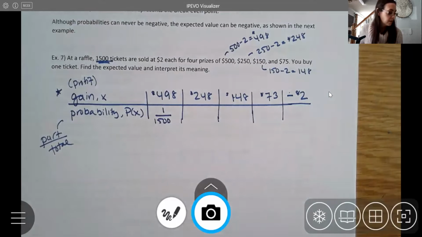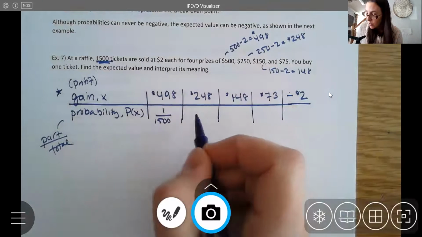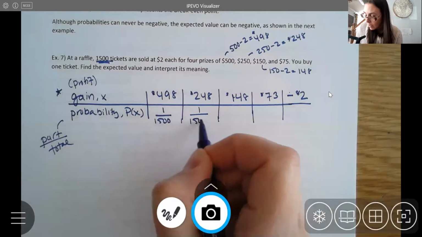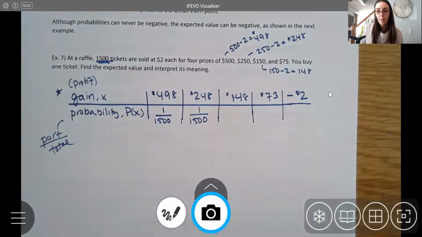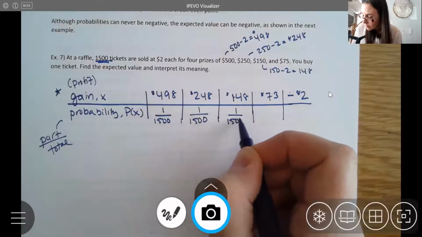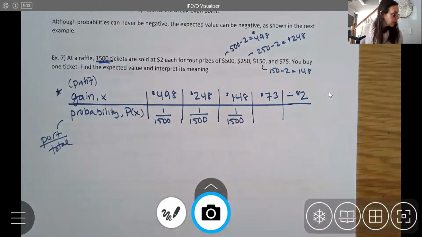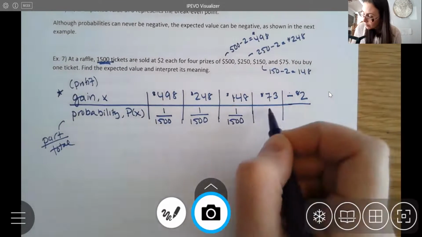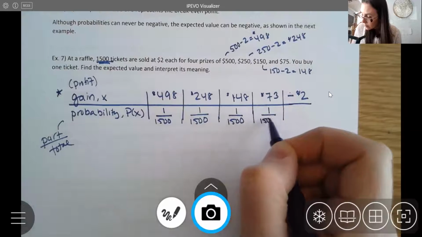So you have a 1 out of 1,500 shot. For the $250 prize, again, there's one chance to win out of 1,500 tickets. For the $150 prize, there's also one chance to win. And for the $73 prize, there's one chance to win.